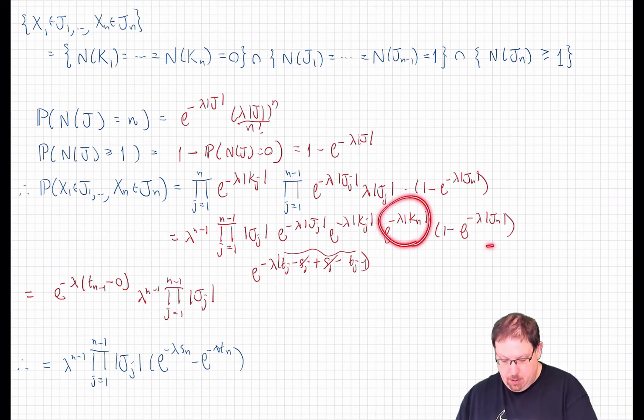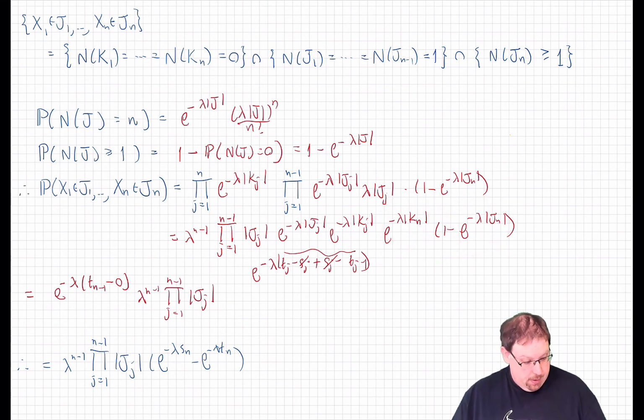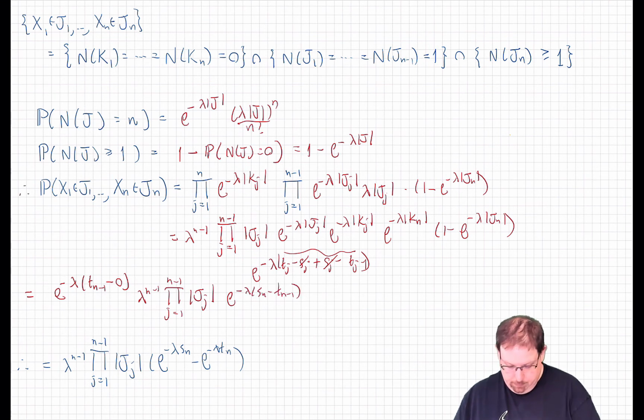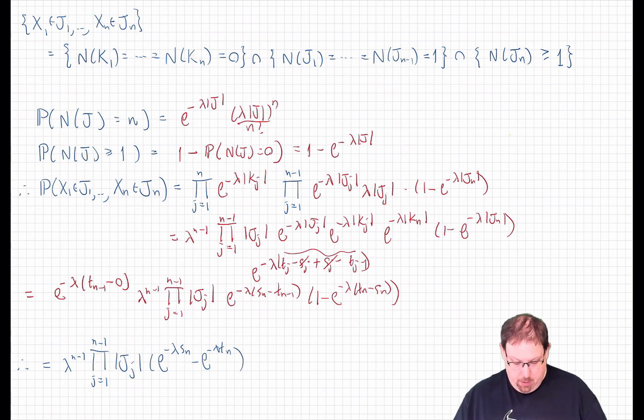And then these terms here. We can write out what these are in terms of the endpoints of those intervals, and what we get is this. And now we're going to get some more nice cancellations between here and here and here and here.